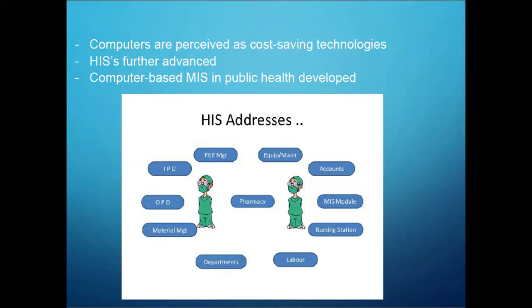Different areas in the hospital now use the hospital information system: the OPD, pharmacy, nurses station, accounts, and other departments. With this computer-based management information system, it also helped manage the information for the public.